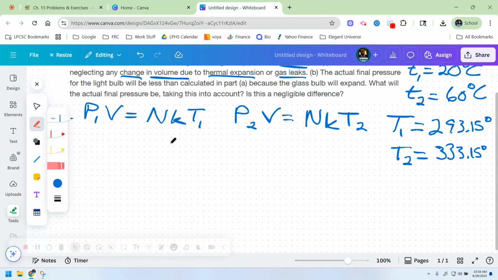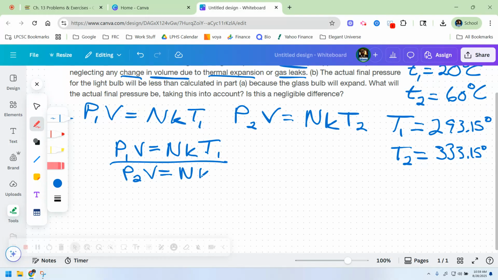So if we divide one of these by the other like we did on the previous problem, let's say P1 V1 is equal to N k T1 over P2 V2 is N k T2.